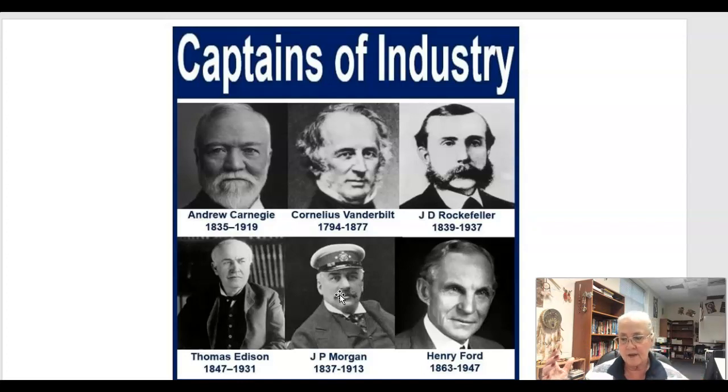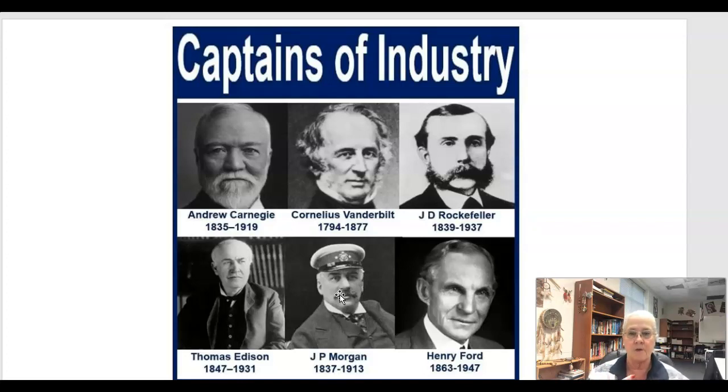So if you thought they served the nation, they increased supply, expanded markets, created jobs, donated to the public good, then you would think they were great guys. They're captains of industry. But if you thought that they stole from the public, had laws made in their favor, overworked their employees, were ruthless toward their competition, then you would call them robber barons. But they are the exact same people.